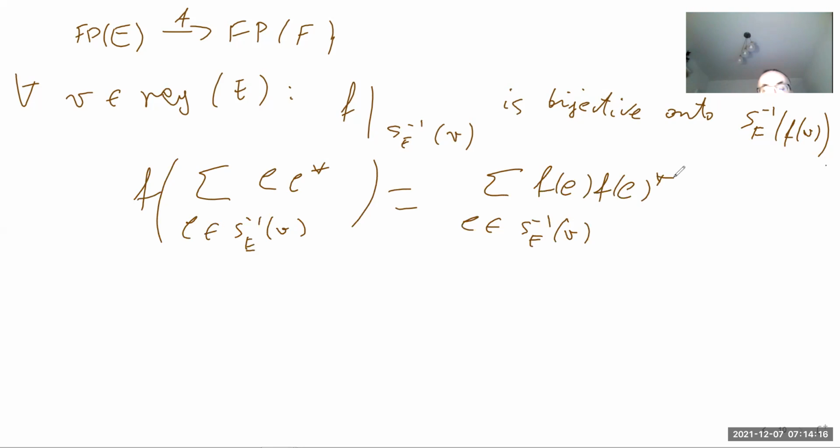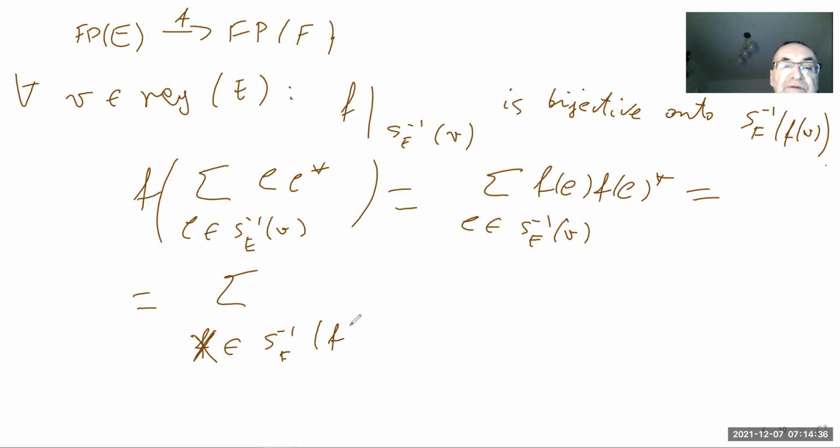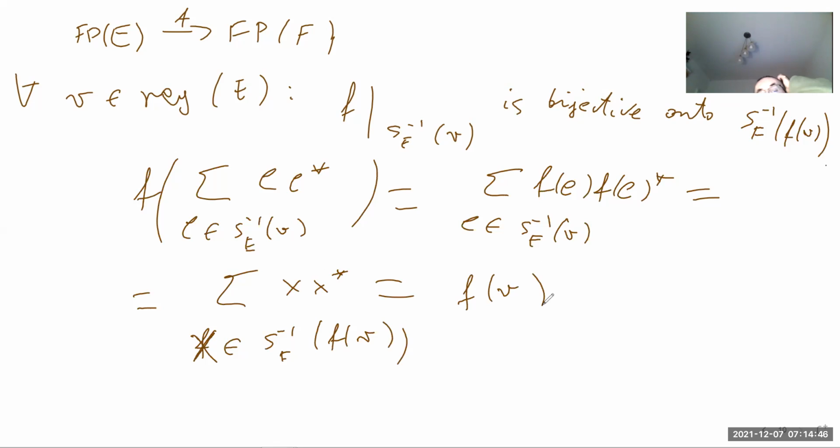Well, because we have this bijectivity assumption, I can as well write down that this is the same as the sum over all edges x in the pre-image under s_F of f of v, of x x star. And this is obviously nothing but f of v, and we are done. So that's what you have in this Leavitt path algebra textbook, and this is very simple.